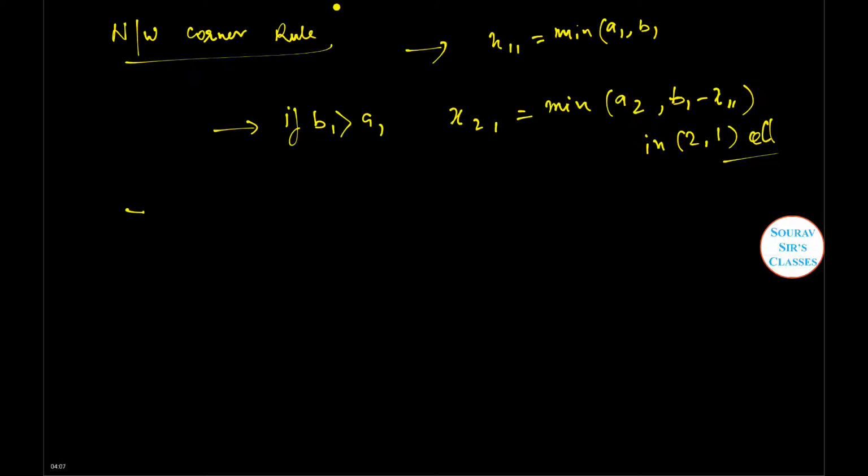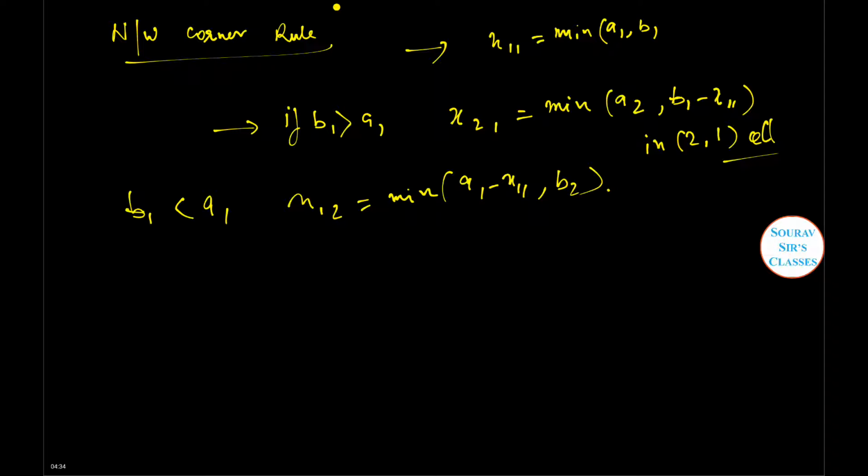Else, if b1 is less than a1, we move right horizontally to the second column and make the second allocation of magnitude x12 is equal to minimum of a1 minus x11, b2.